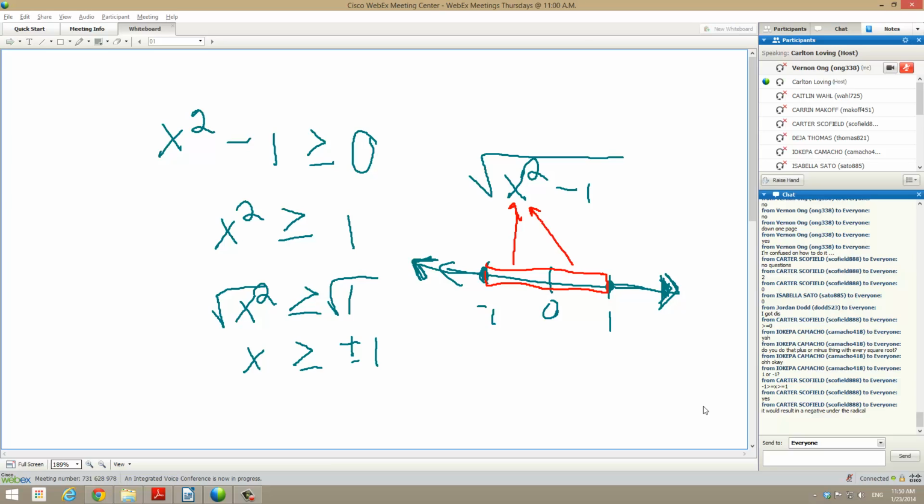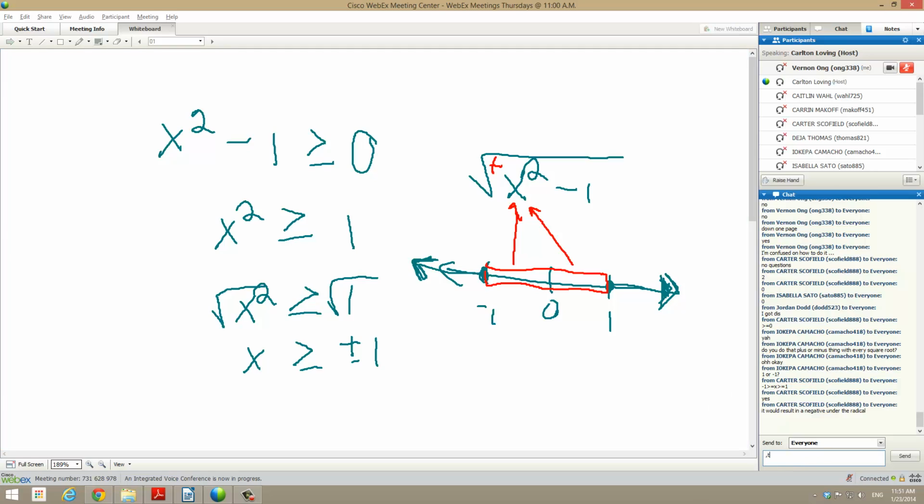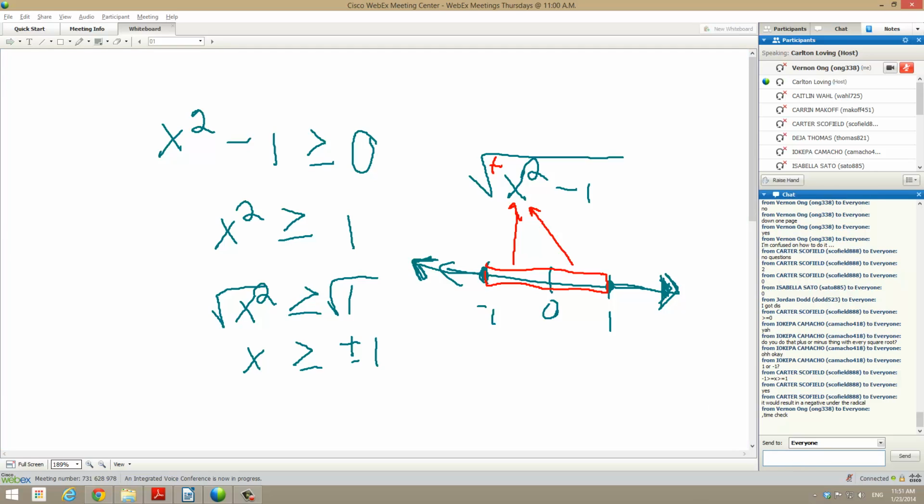A positive value is going to stay positive. These will make positive numbers that are smaller than 1. And when we subtract 1 away from anything in here that's been squared, those are fractions. When you square fractions, you're still going to get something that is smaller than 1 when we subtract.